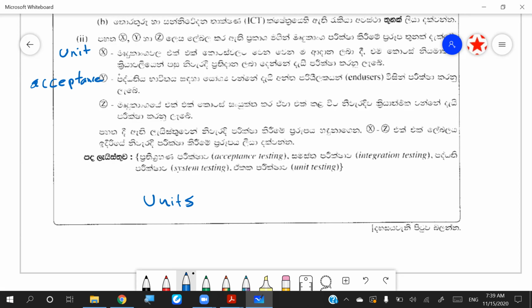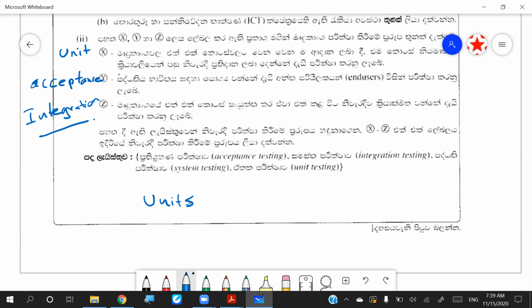You pedal the bicycle and see whether the back wheel is rotating. That is integration testing, because the pedal is one unit, the cog wheels and chain are another unit, and the wheel is another unit. You pedal it and see whether the back wheel is okay. That means you are doing integration testing. So when units are combined together and tested to see whether they work, it is integration testing.